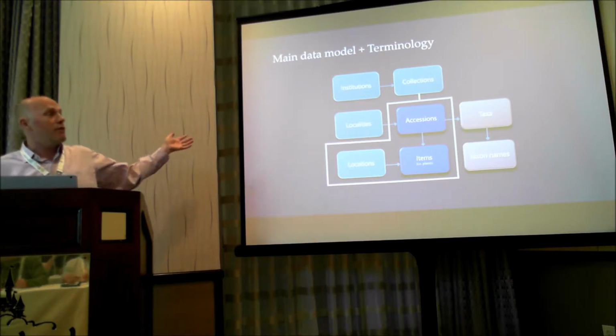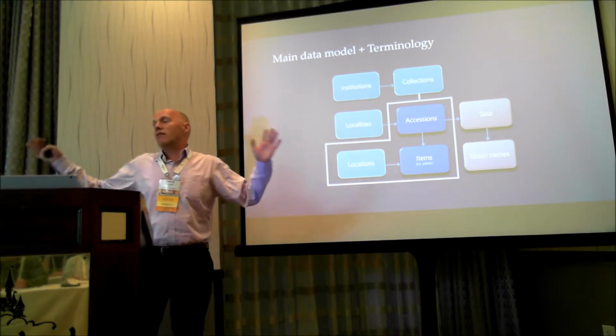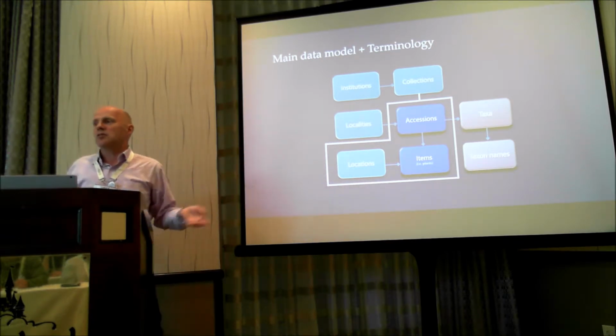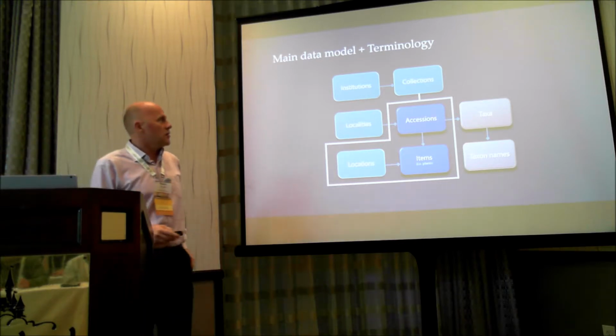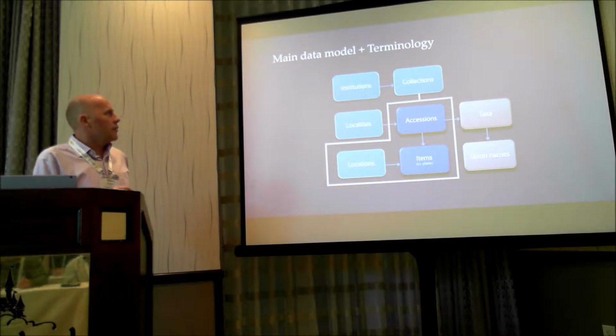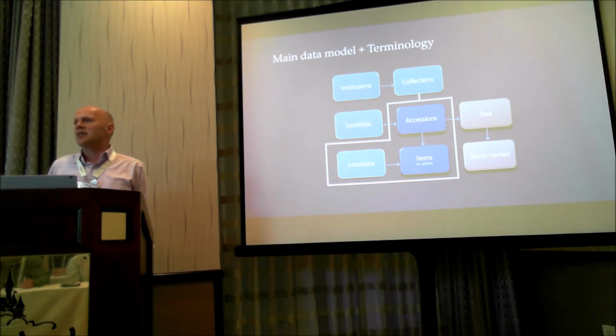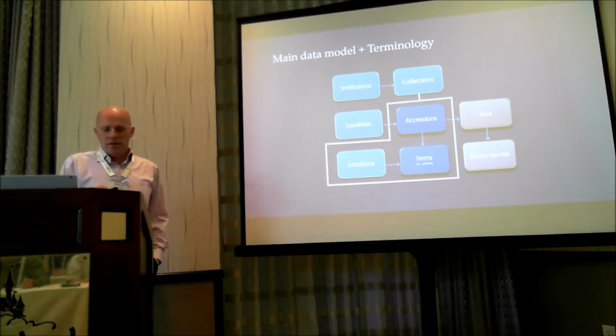And of course, if you have three gardens as one institution, it's less expensive, both for running it and for purchase, to have it all in one system. So if you need this, it's really, really helpful. And then each collection has the accessions. I assume people know the term accession here. Yeah.